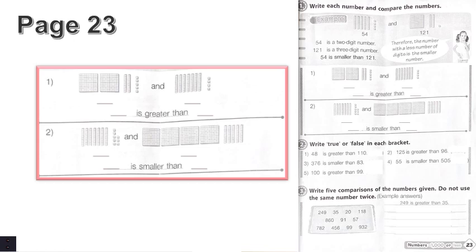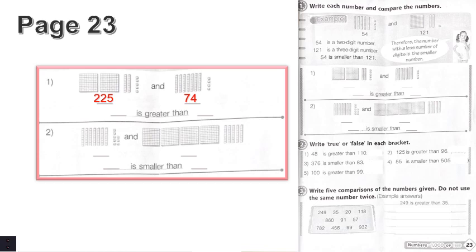Number 1. We have here 2 hundreds, 2 tens, and 5 ones, or 225, and 7 tens and 4 ones, or 74. Now please write the numbers. Write 225 and 74.